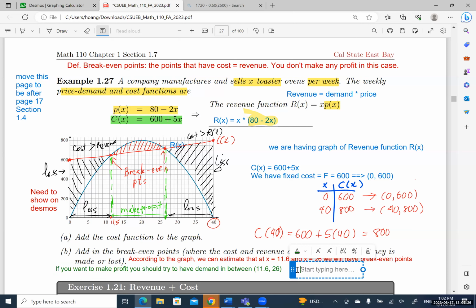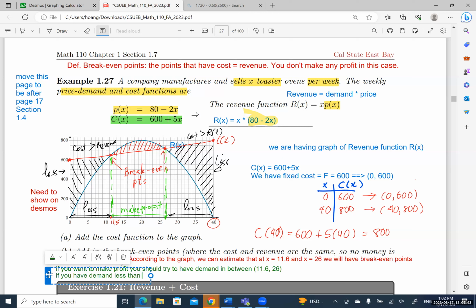And another one, I'm going to say, if you have demand less than, demand in the interval from 0 to 11.5, or 11.6, say that, right?